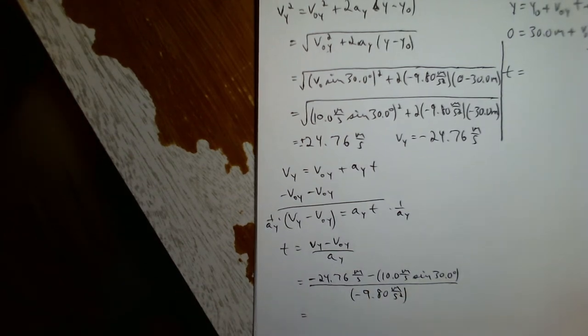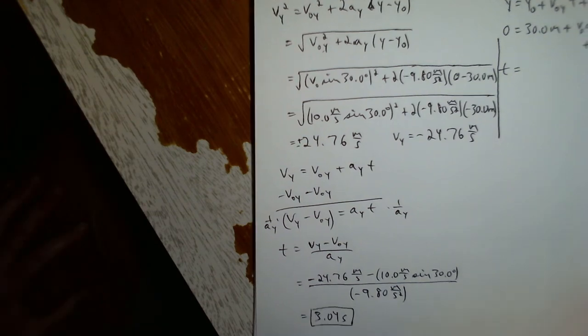And I'll pause and calculate. And I wind up with 3.04 seconds. So, and that's reasonable, right? Because, you know, you throw something and it falls about 100 feet, a bit more than 100 feet.